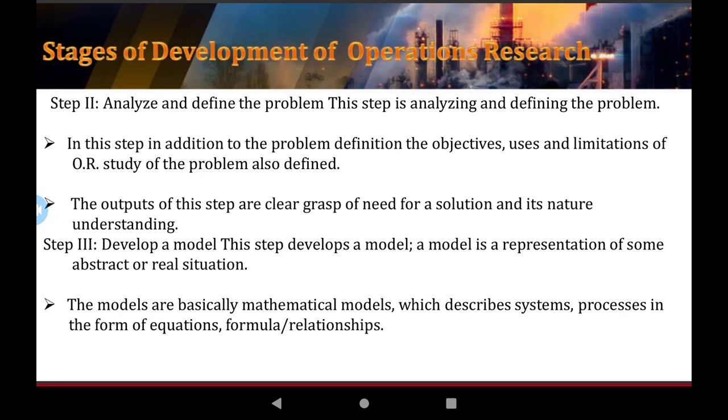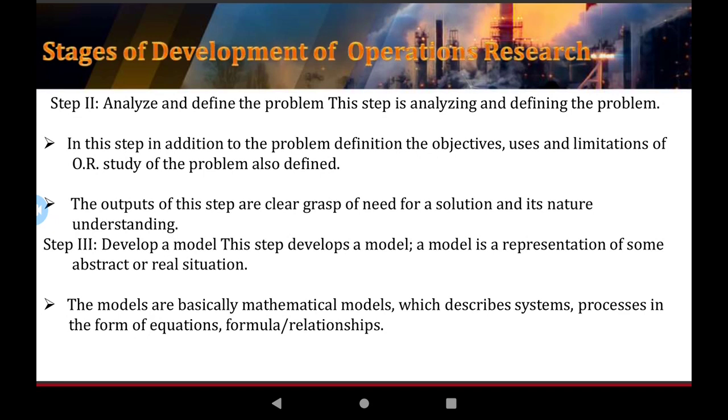In this step, in addition to defining the problem, the objective and other limitations of the operation research study are defined. Engineers, project managers, production managers and managers from different fields study the actual problems, and the original problem is achieved.